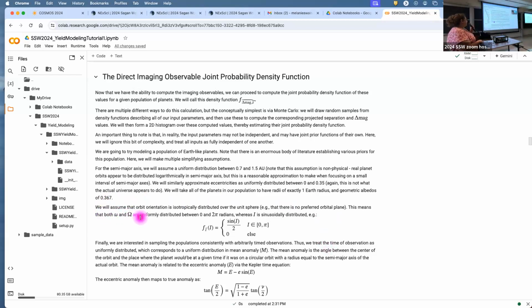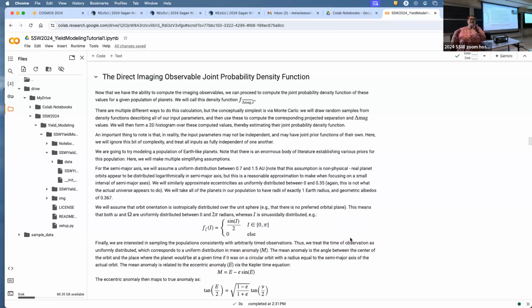And so little omega and big omega, we're going to consider to be uniformly distributed between 0 and 2 pi radians. And the inclination is sinusoidally distributed, i.e., this form.